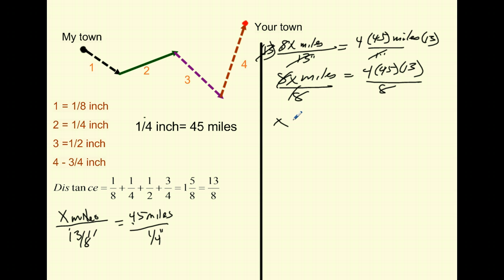So I have x is equal to 4 times 45 times 13 divided by 8. And that's equal to, break out your trusted calculator, 4 times 45 times 13 divided by 8 is equal to 292.5 miles. So x is equal to 292.5 miles.